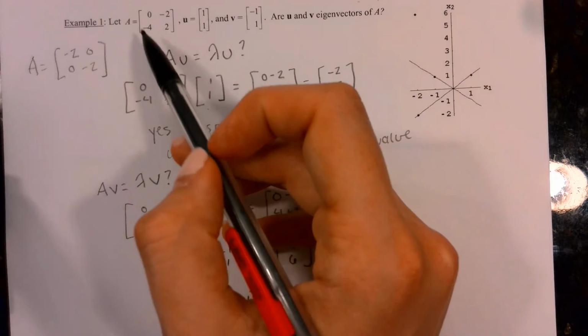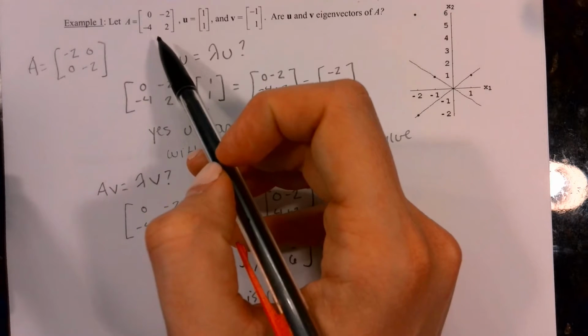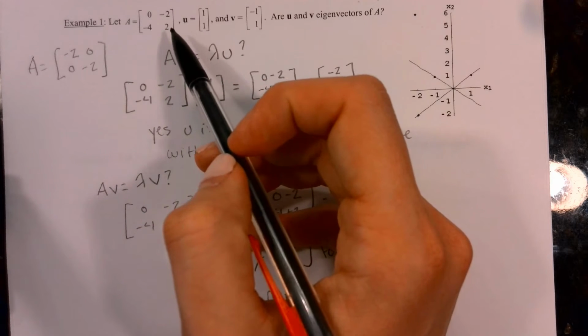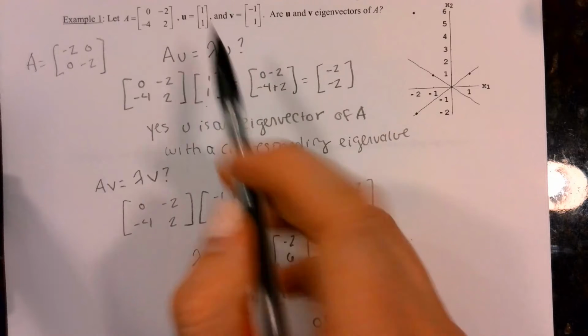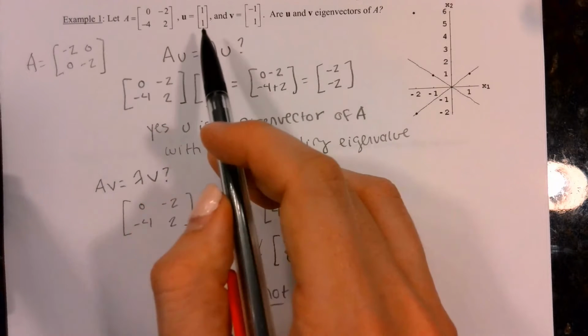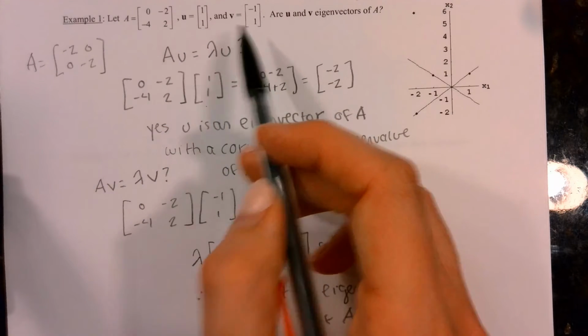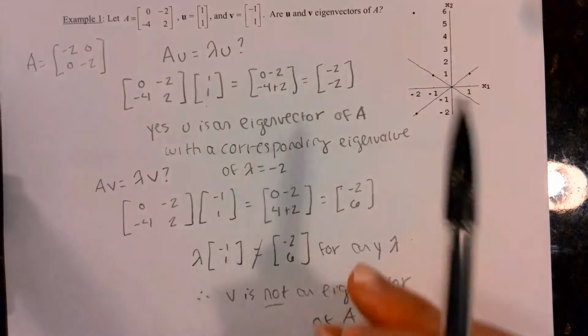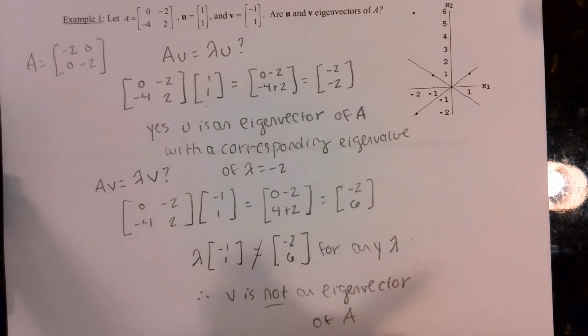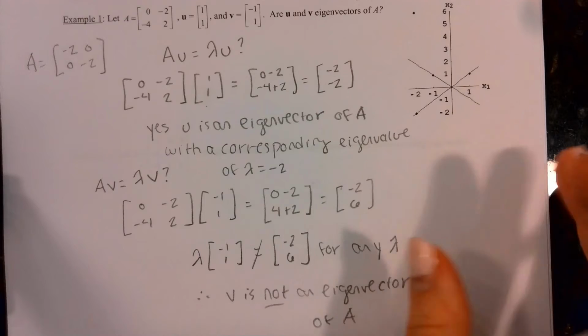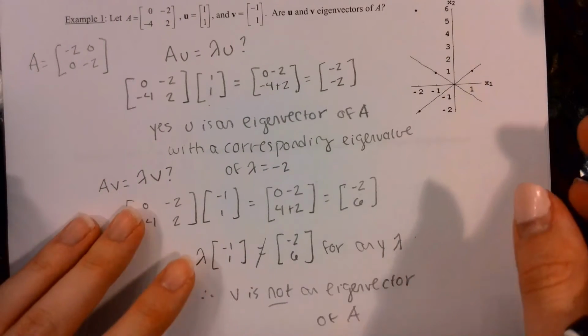But here, if I look at this matrix, only a certain number of vectors are going to be eigenvectors, because a scalar operation like this will only happen for certain vectors, like U, but not V. Does that make sense? Hopefully. If you have questions about that, tell me to come back to this point in office hours.